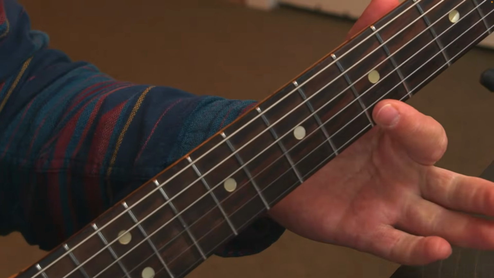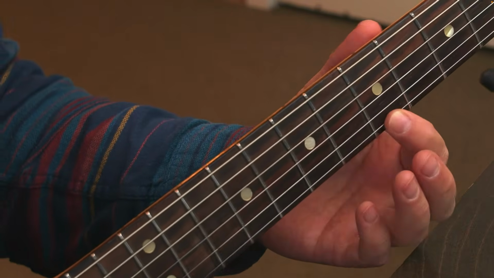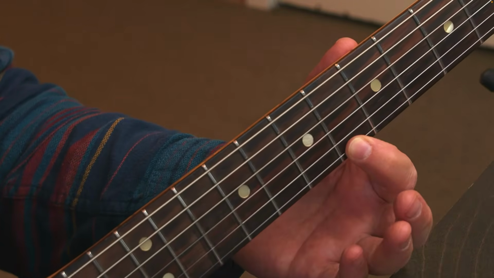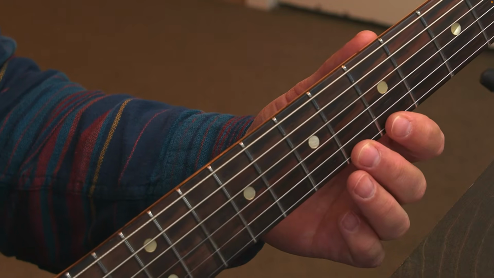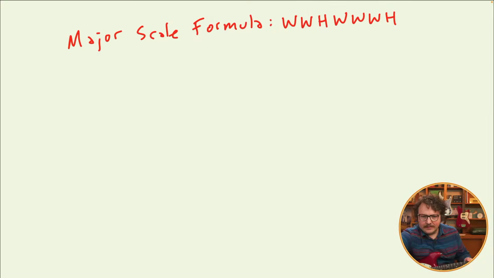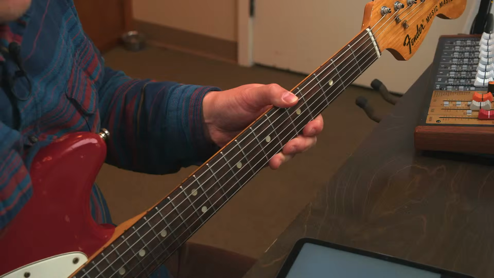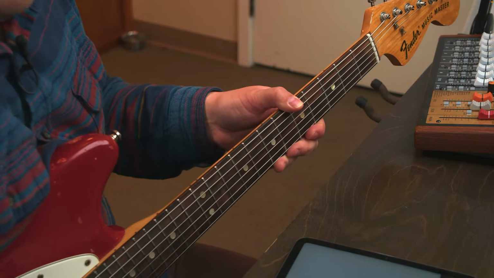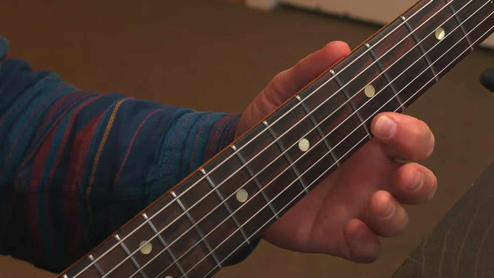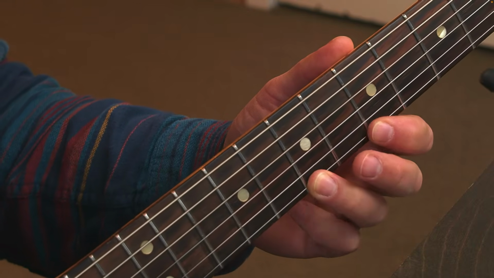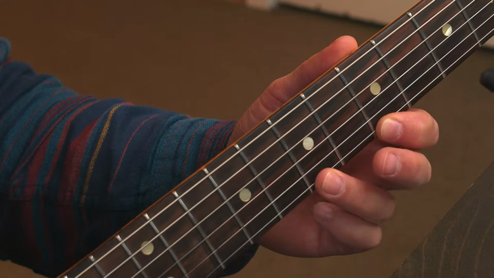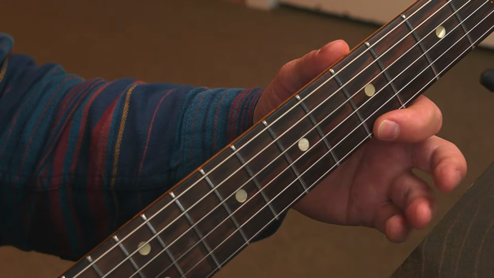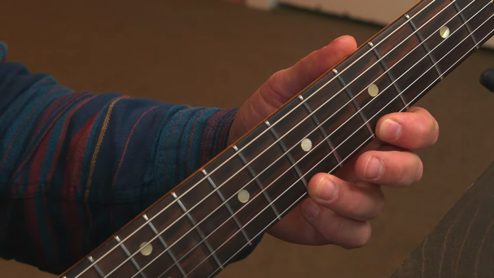If I play any note on the guitar and I move toward the body one fret, I have now played an interval called a half step, which on my iPad is H. And if I play a note and then I skip a fret, I am now playing an interval called a whole step. So the distance from here to here is called a whole step.